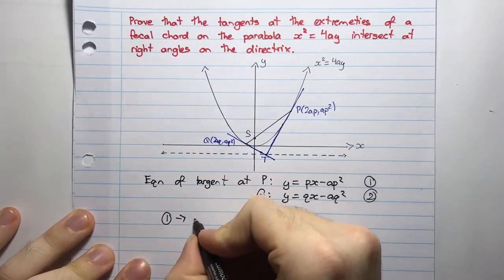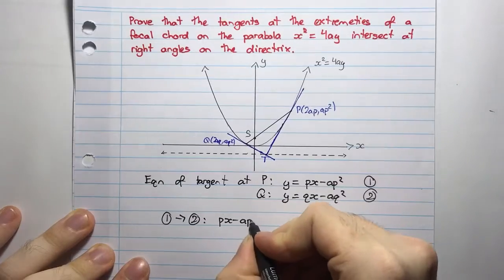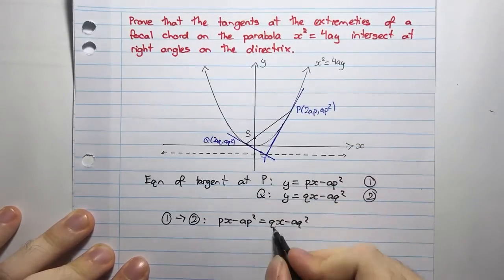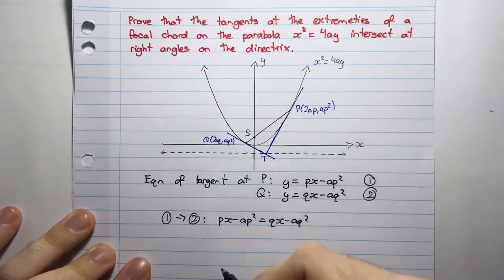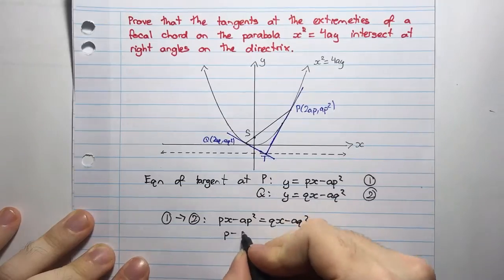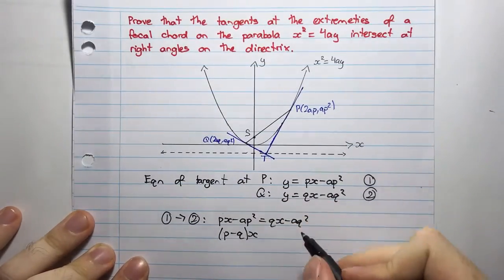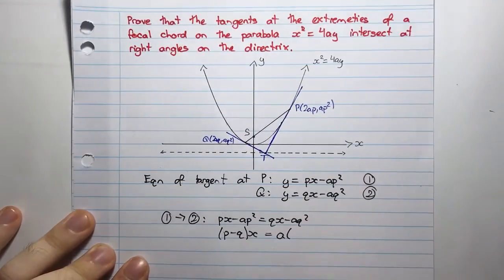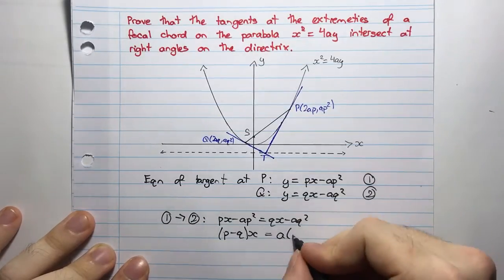So substituting 1 into 2 gives me px minus ap squared equals qx minus aq squared. Bringing the qx over here, and factoring out x will give me p minus q multiplied by x, and bringing the ap squared over to this side, and factoring out an a, I'll be left with p squared minus q squared.